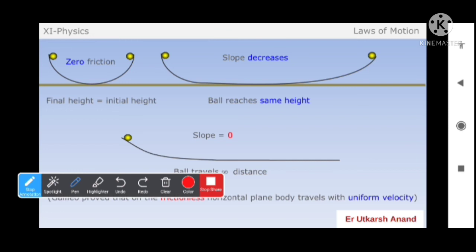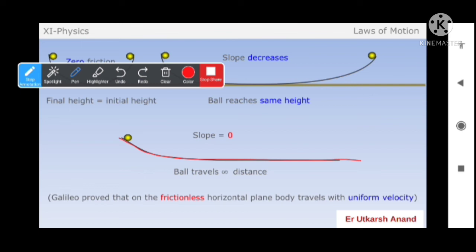Let us say it was very big, and this distance extends up to infinity. The ball will tend to move up to infinity, trying to reach the same height here, right? But since it is an infinite path, the ball keeps on going for an infinite distance. So Galileo proved that on a frictionless surface, the body travels with uniform velocity.